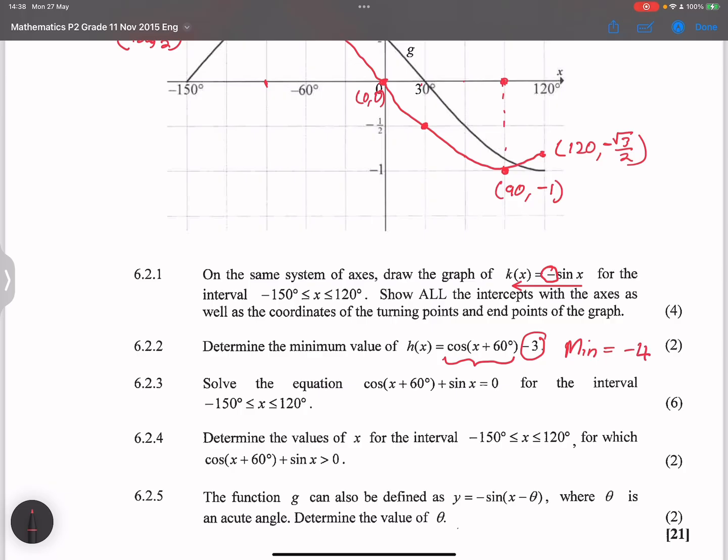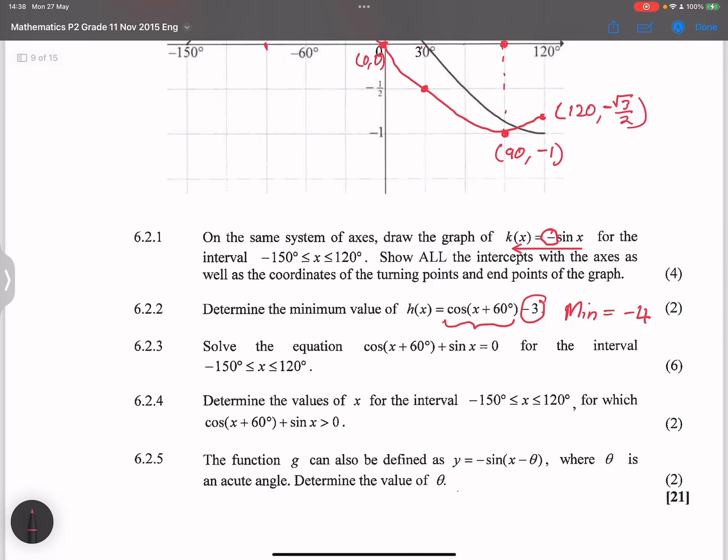Right, and now they say to us, solve for the equation cos of x plus 60 plus sine of x is equal to 0 for the interval negative 150 to 120.